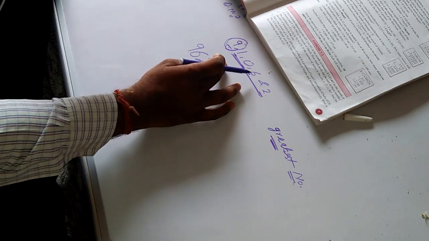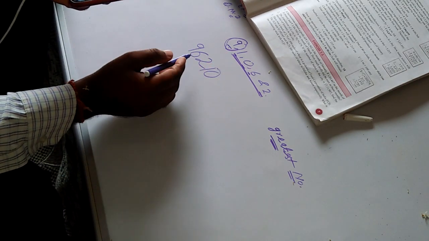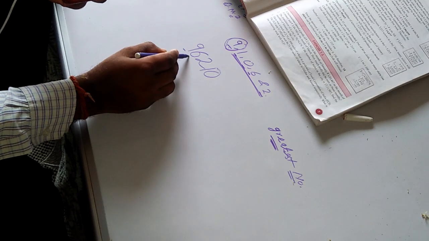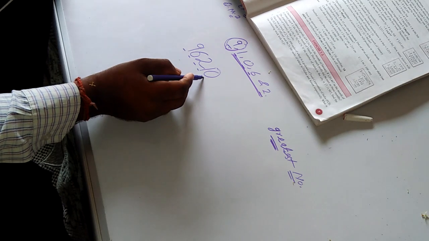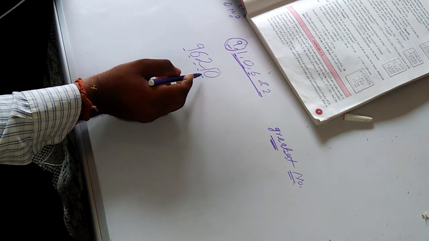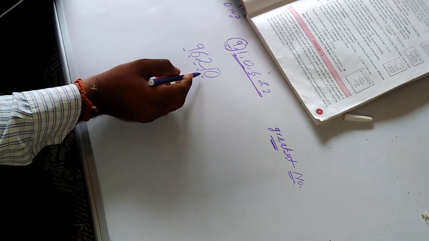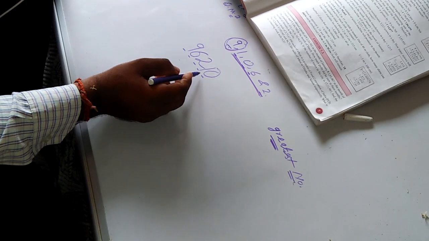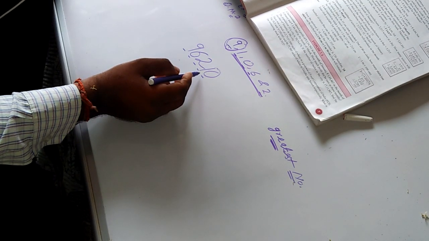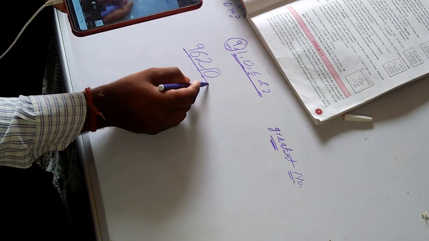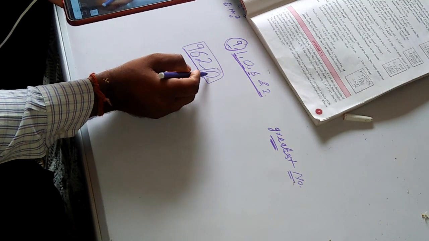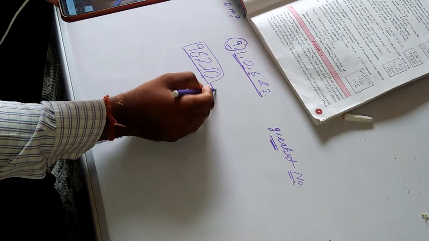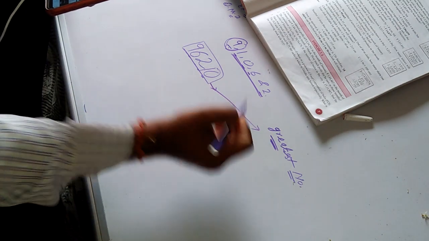Now count how many digits there are. 1, 2, 3, 4 and 5. And the question is, form the greatest 5-digit number using the digits 9, 1, 0, 6 and 2 without repetition. So you have prepared 96210. This is the greatest number.